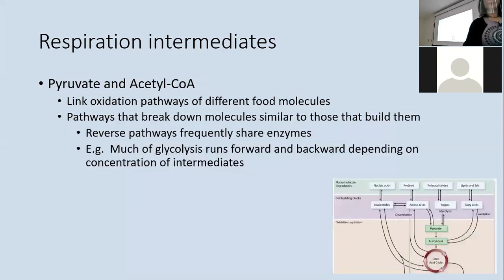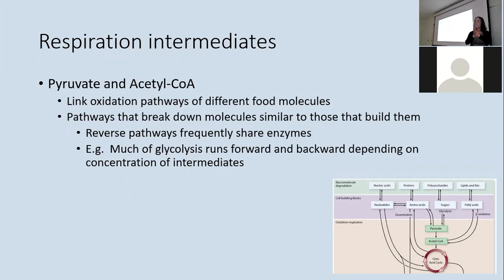All right. One last point to make, with all of these intermediates, all these things you're taking in, all of these things you're breaking down to harvest energy. When we talked about chapter 6, energetics, how chemical reactions work, how enzymes work, we mentioned that reactions can go forwards and backwards, depending on how much reactant you have and all these different factors.